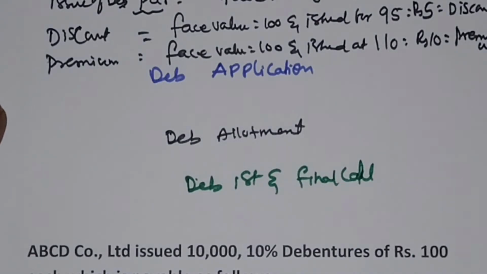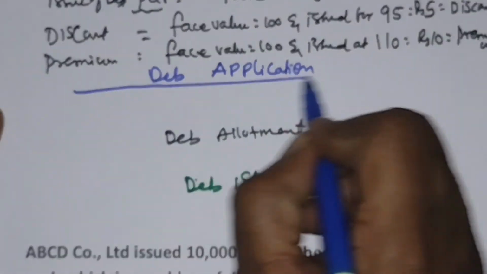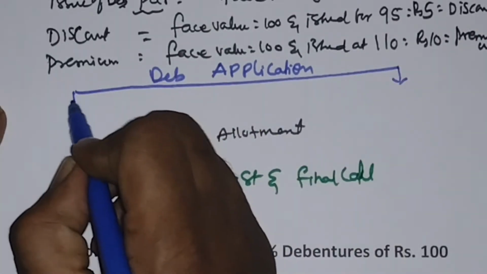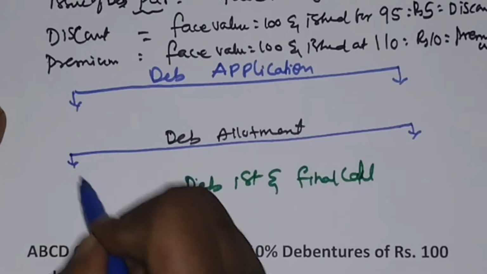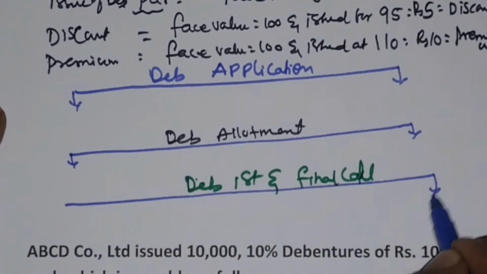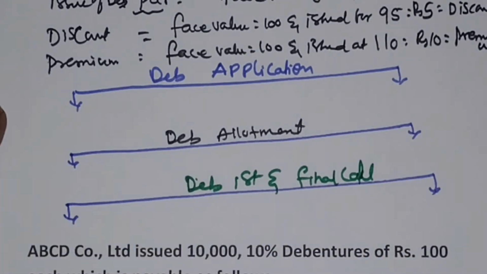There are 3 installments in this. 3 installments means you have to pass 6 journal entries. I am drawing an arrow mark to make you understand. Now, out of 6, 3 are received entries.